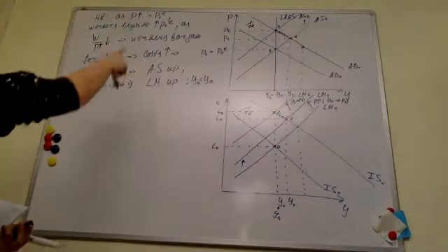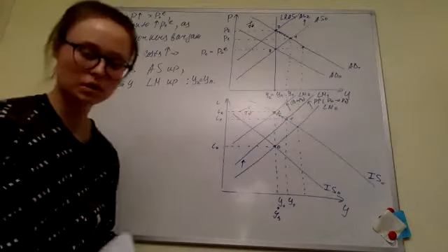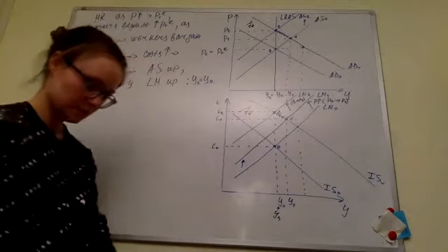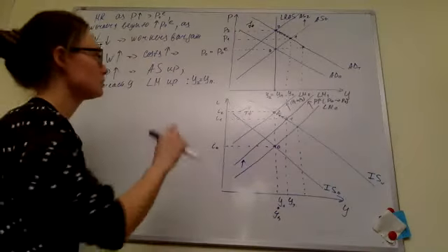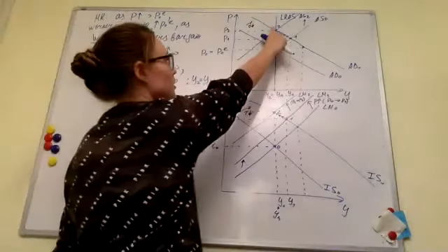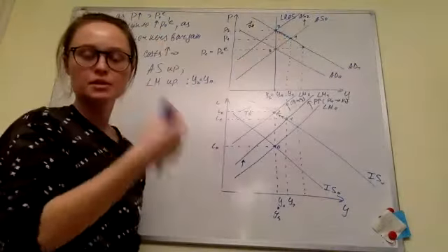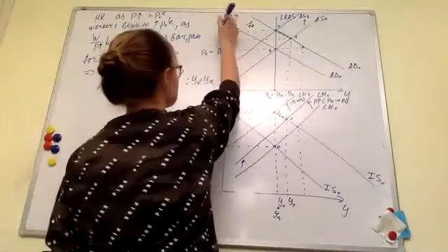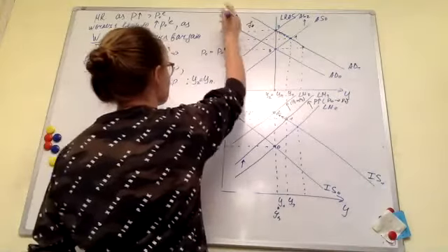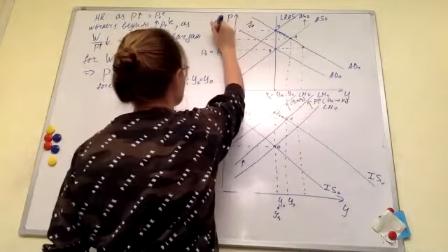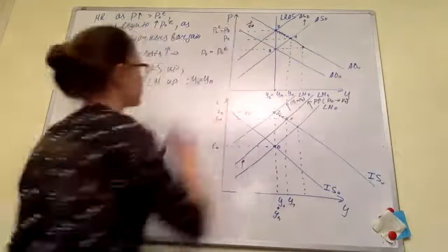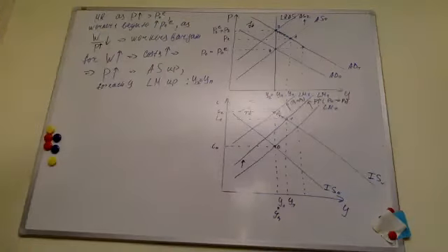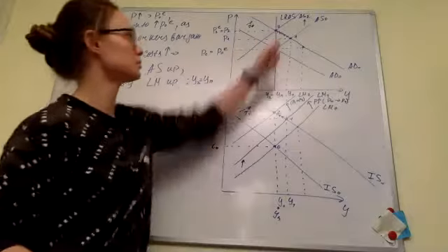So in the end, if we talk about the long run, we know that in the long run expectations are correct. So here people revise their expectations to the new price level, the new expected price level. Now expectations are correct in the new long run equilibrium.